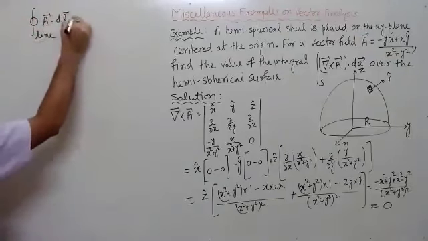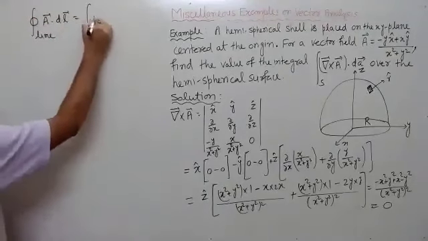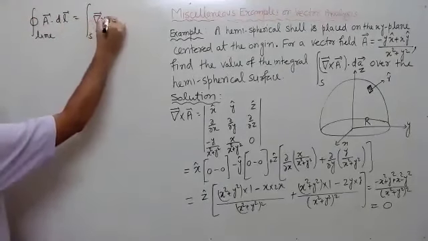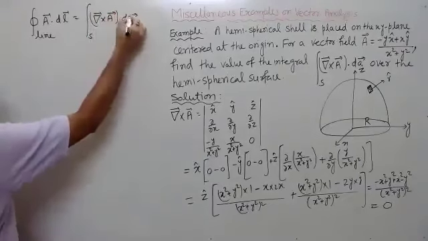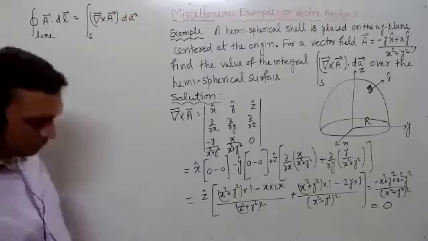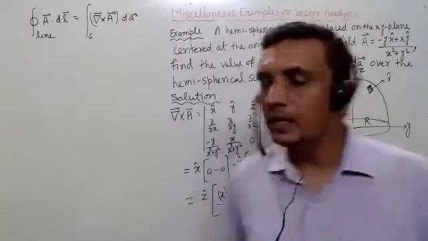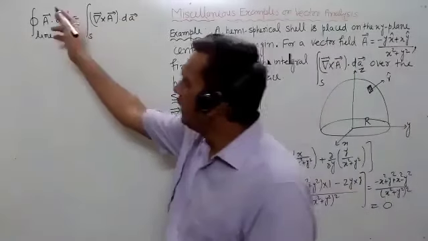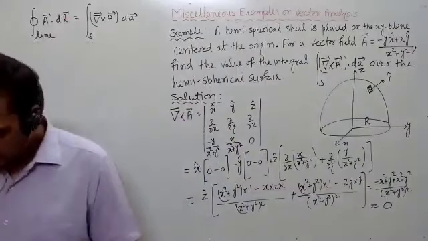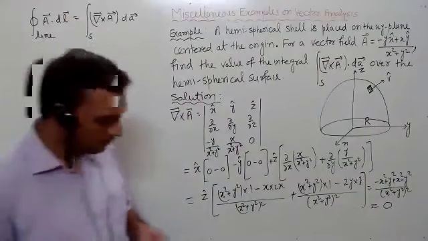You know that closed A dot dl is surface integral del cross A dot dA. So now you have to find closed A dot dl. So how will you calculate closed A dot dl?